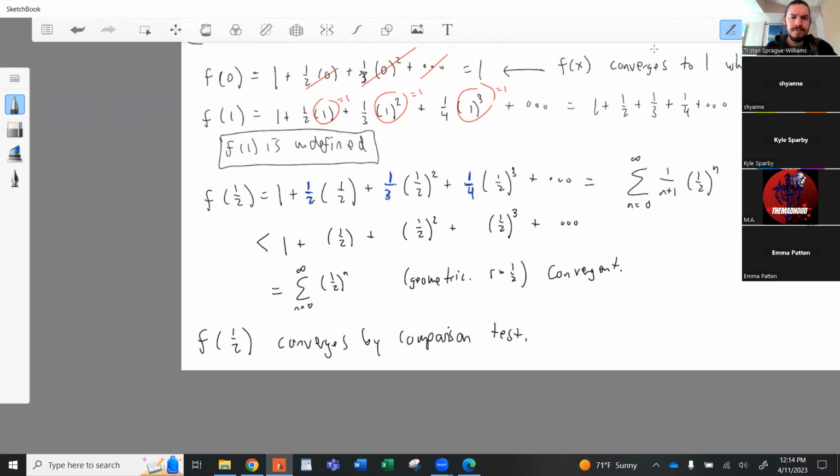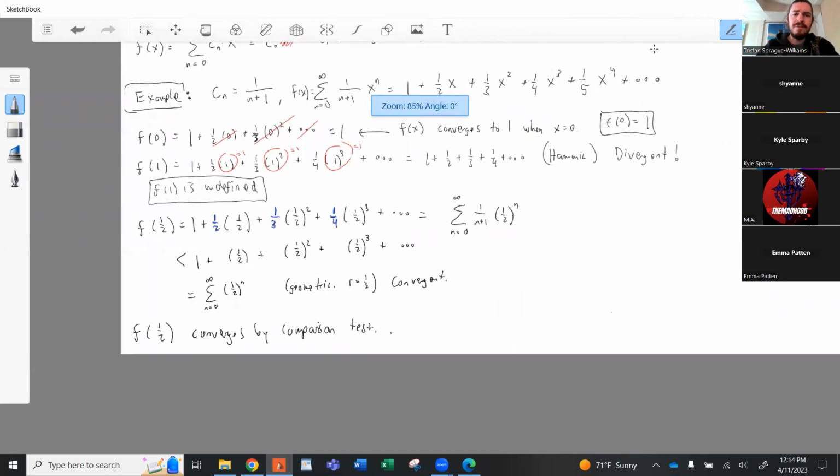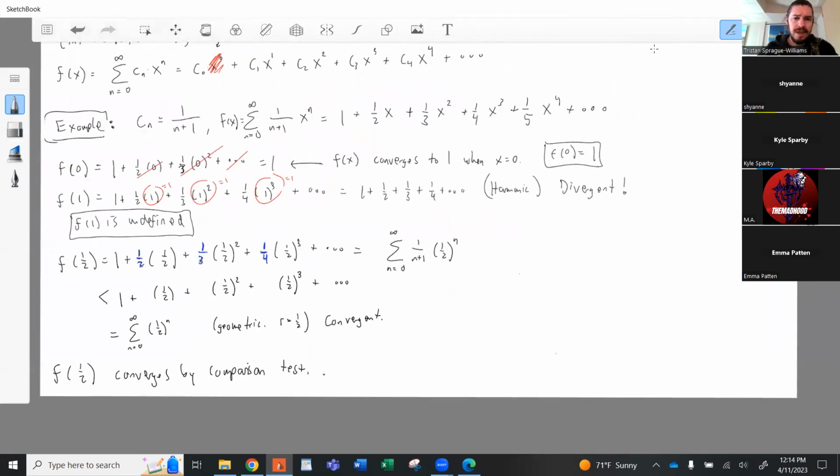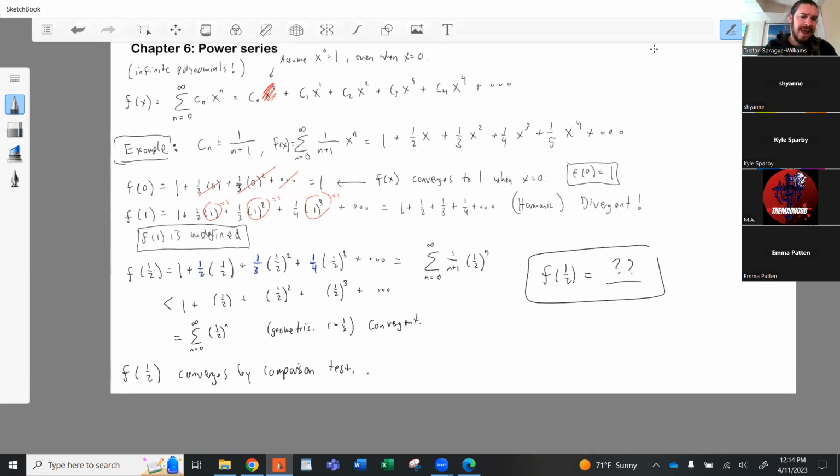So now we're saying f of 1/2 equals something, but we're not sure exactly what it is. Figuring out what that converges to would be a useful thing to know, because it would tell us what the output of this function equals. But we're not actually at the point of being able to do that. We'll get there.